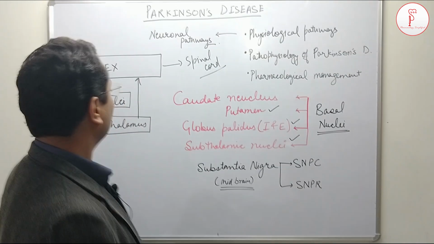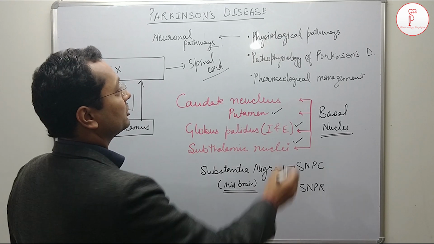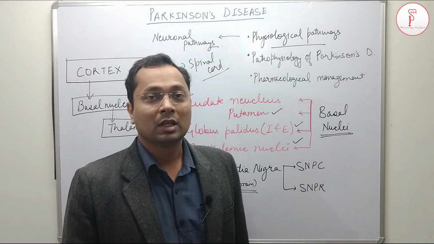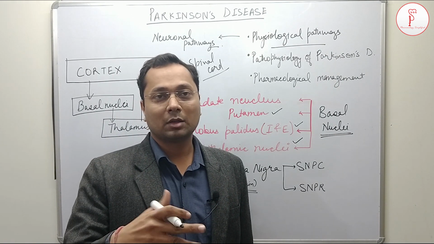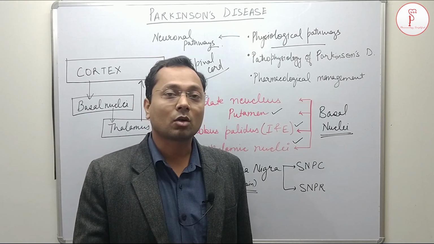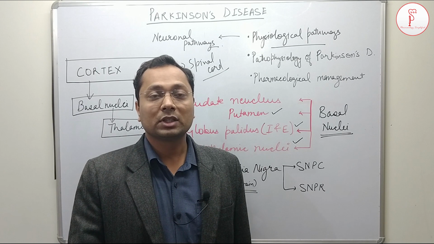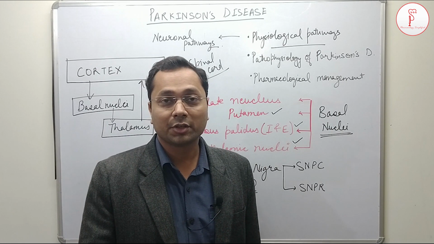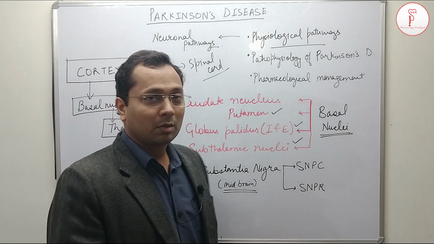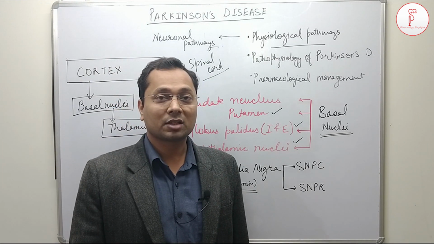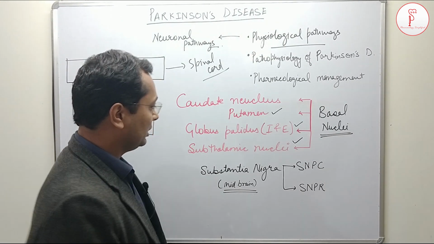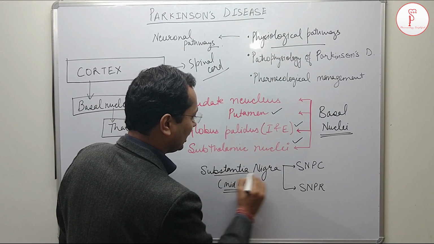So now we first have to understand the physiological pathways, how they function, how movements are initiated, coordinated and smoothened, and how, during Parkinson's, there is destruction of dopaminergic neurons in the brain. Parkinson's disease develops because of destruction of dopaminergic neurons in the substantia nigra.